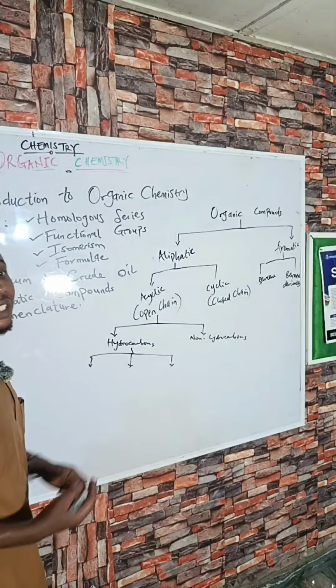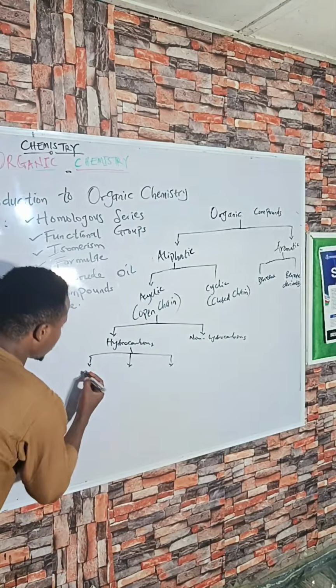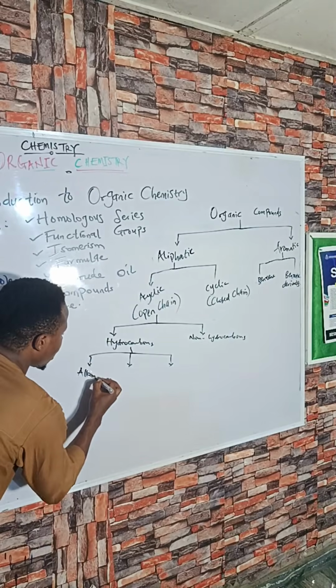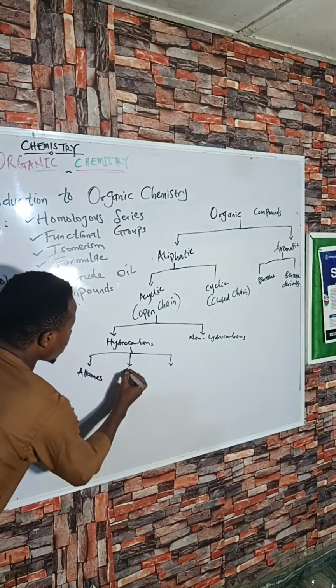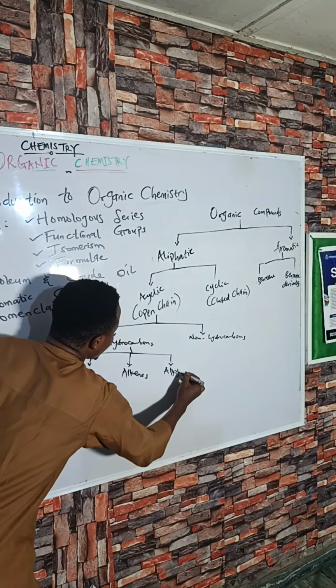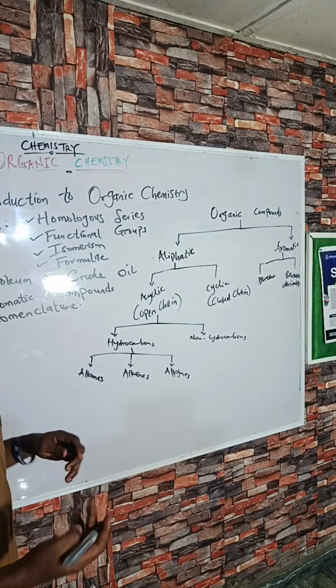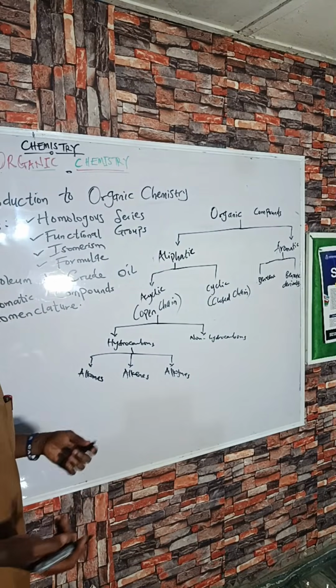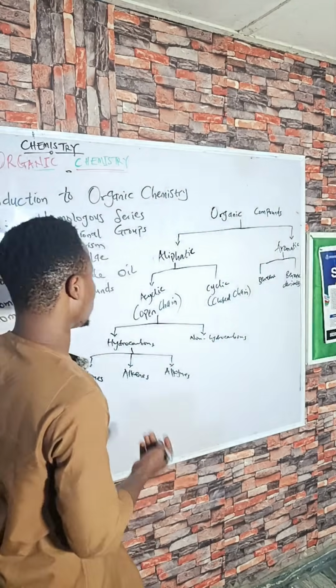That's why we call them hydrocarbons, hydrogen and carbon. So you have the first and most prominent organic compound, the alkanes. Then we have the alkenes and the alkynes. Now these are the most prominent acyclic hydrocarbons that you want to think about.